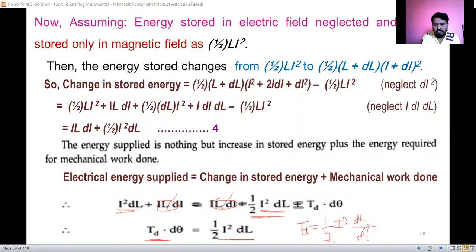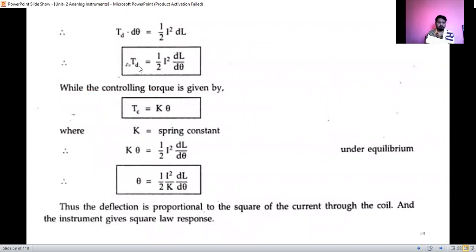This 1 by 2 I square dL by d theta is our deflecting torque equation, or the torque equation of the moving iron instrument. This is the final torque equation. The torque equation of the moving iron instrument is 1 by 2 I square dL by d theta.